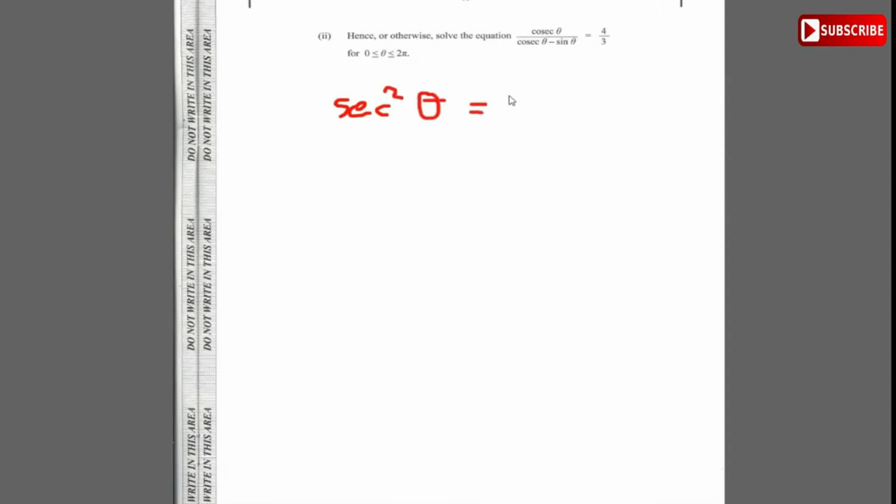If sec squared theta is equal to 4 over 3, we can square root both sides to get that sec theta is going to be equal to the square root of 4 over 3.